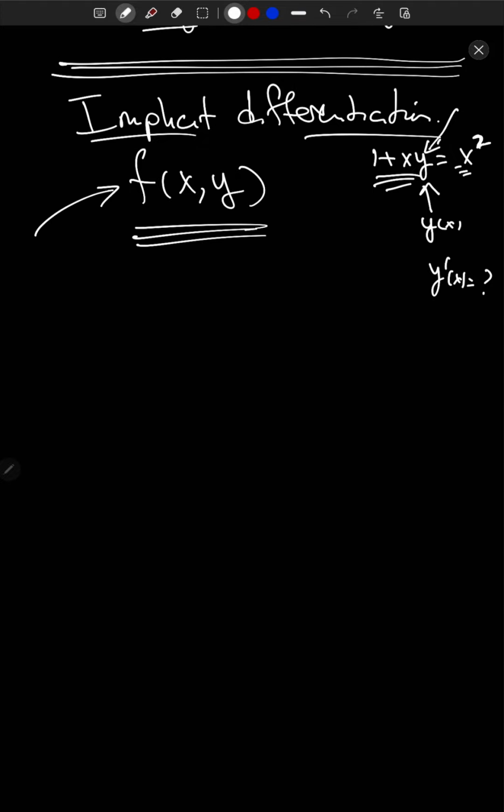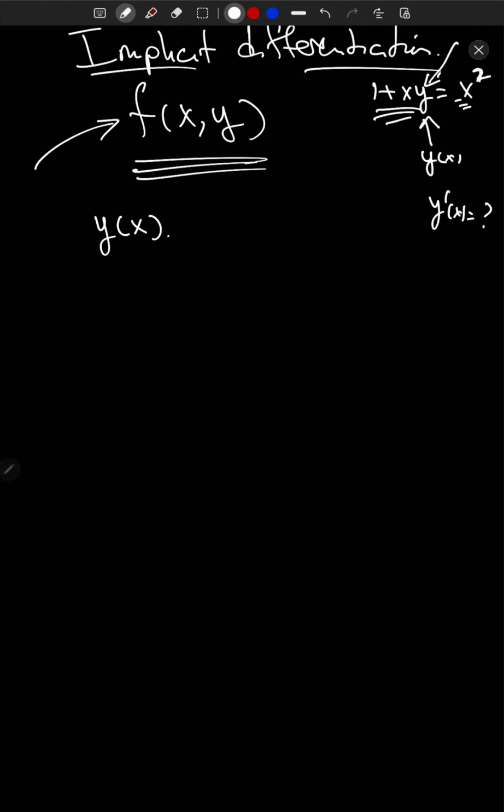So we have a function f of x, y, but the way we're going to use this function in practice, perhaps, is that y depends on x. So ultimately we have actually a one-variable function, f of x comma y of x.